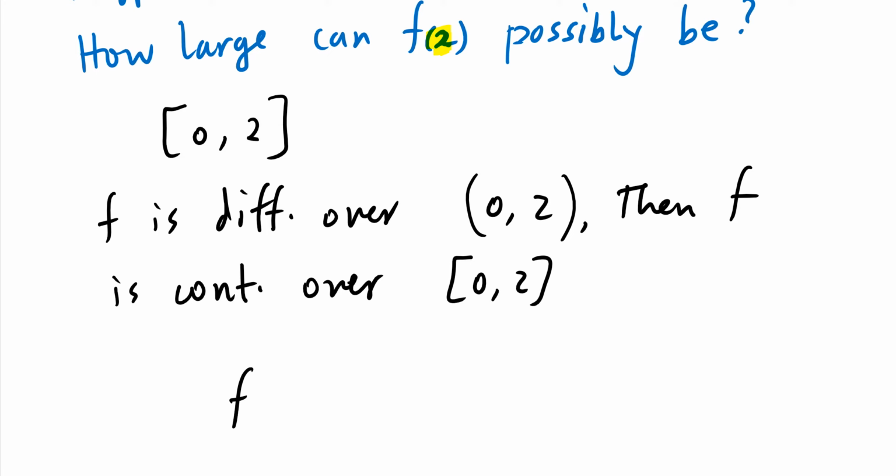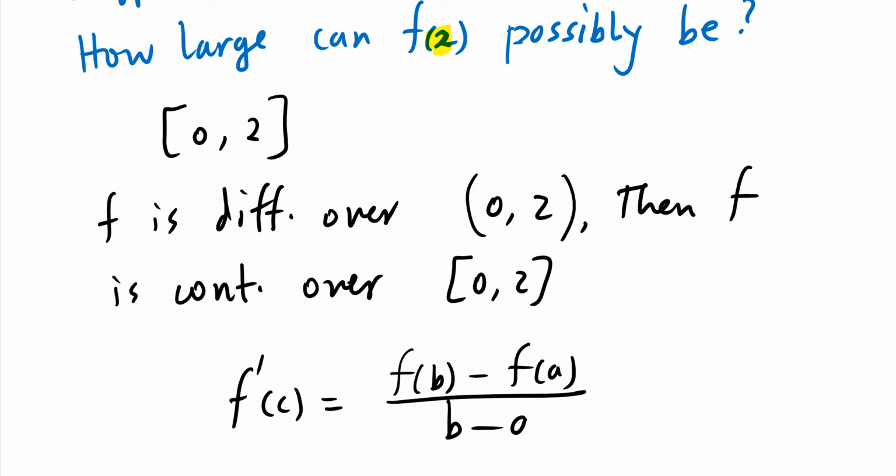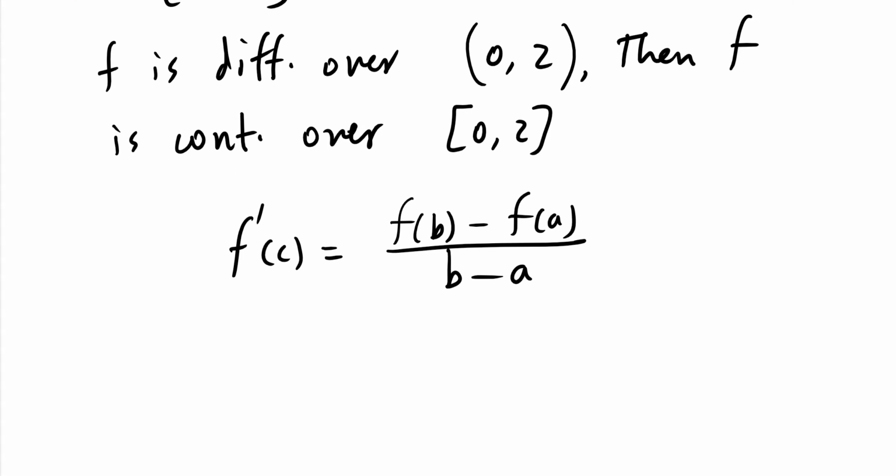The mean value theorem says that since the two conditions are met, there is a c between a and b so that this condition is met: f of b minus f of a over b minus a. So what is c? c can be any number between 0 and 2. So I'm going to call it f prime of x, where x is any number between 0 and 2.